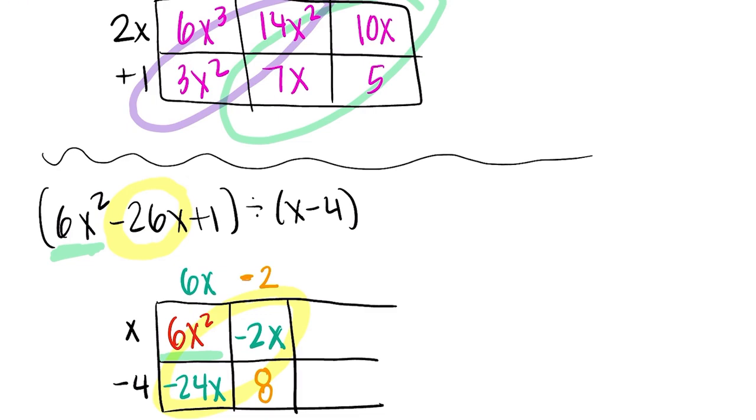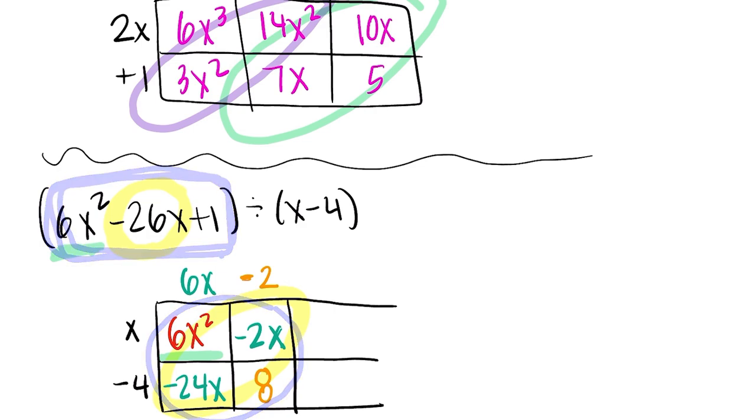Any questions so far and where those numbers are coming from? Okay. So we're saying 6x minus 2 times x minus 4 is this. But does this match what I have right here?